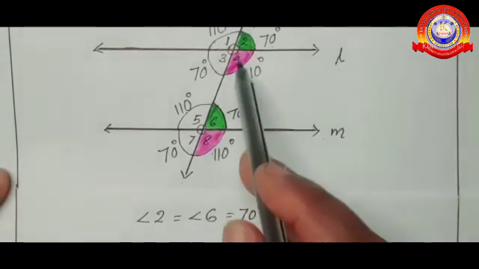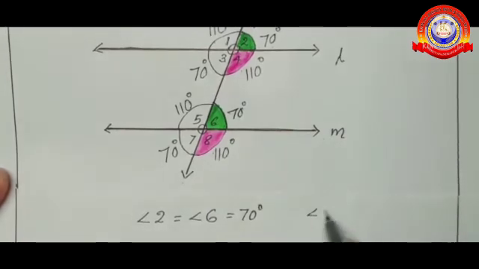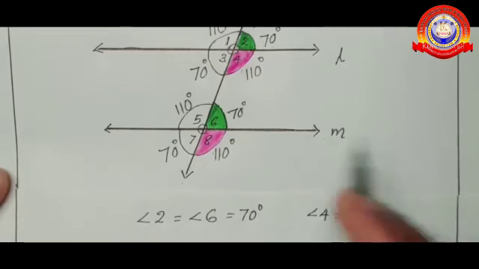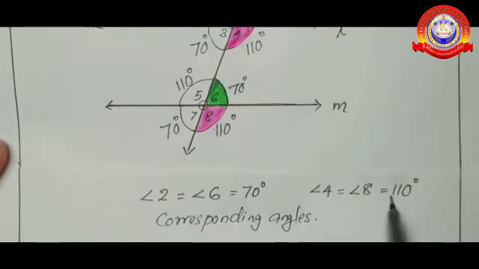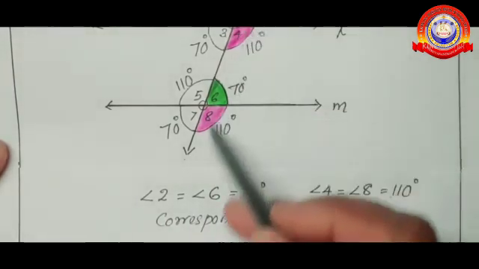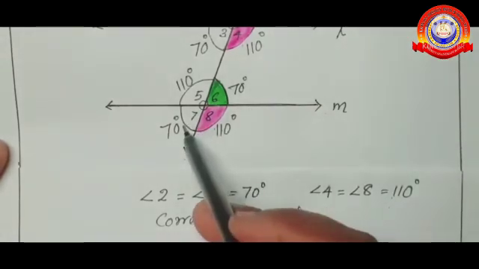Similarly, angle 4 and angle 8 are also on the same side of the transversal and are equal. So, angle 4 and angle 8 are known as corresponding angles. On the right side of the transversal, there are 4 angles. Angle 2 and angle 6, angle 4 and angle 8.